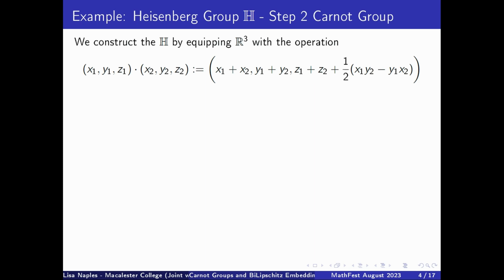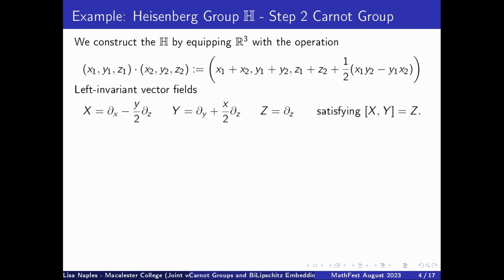I have 2 elements in R3, and the multiplication results in the thing on the right. And in particular, in the last component of the expression on the right, you can see the non-commutativity or non-abelianness of the group with that 1/2 x1 y2 minus y1 x2. Okay.